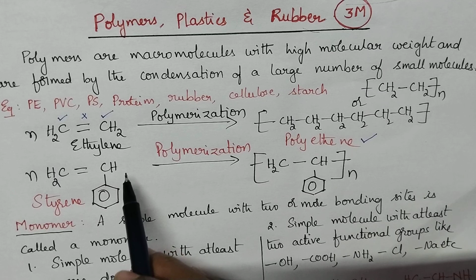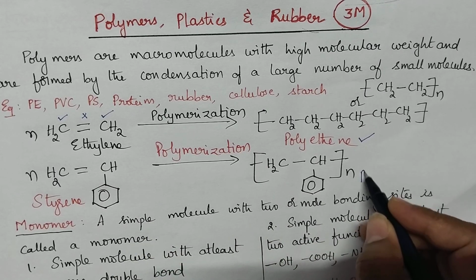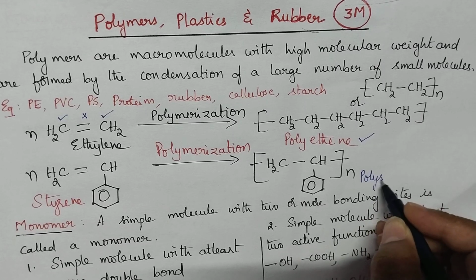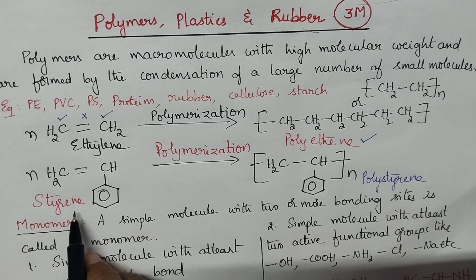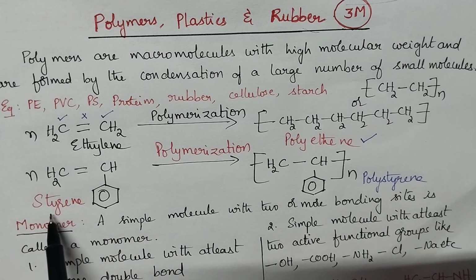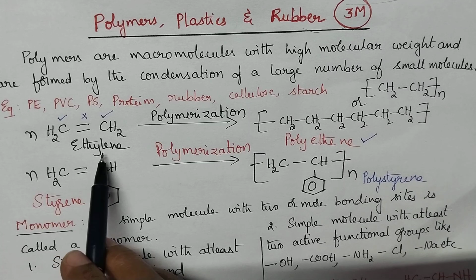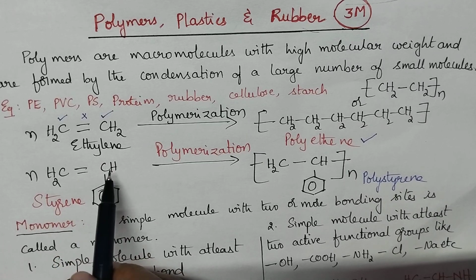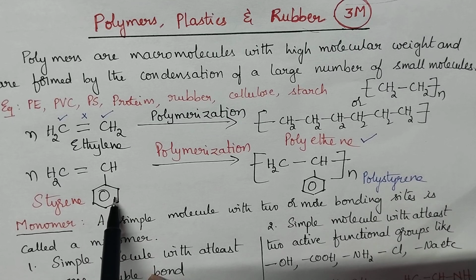In a similar way, let us see how polystyrene can be obtained. For the formation of polystyrene, we have to consider styrene as the monomer. Simple molecules are called monomers. Styrene can be considered as a derivative of ethylene, which is obtained by the replacement of one of the hydrogens by the benzene nucleus.